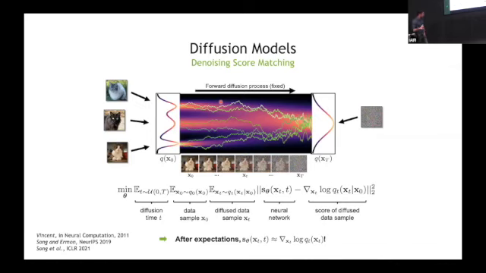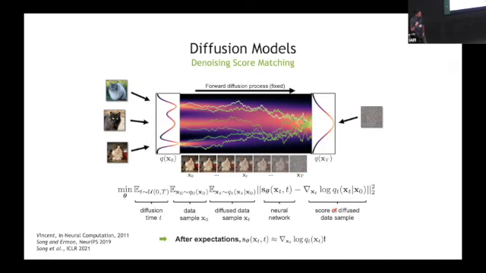This gives you a Gaussian distribution, and this is this distribution q_t given x0. I've heavily emphasized the conditioning here. That's important because this is just a Gaussian, and this is analytically available. So we can calculate the score of this conditional distribution, which is just for this one data sample.